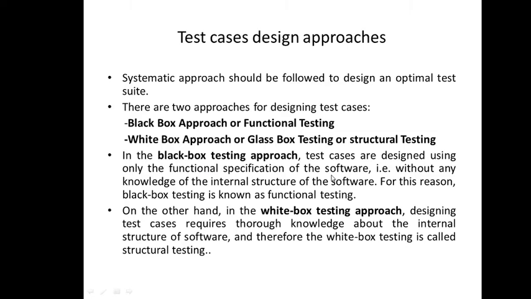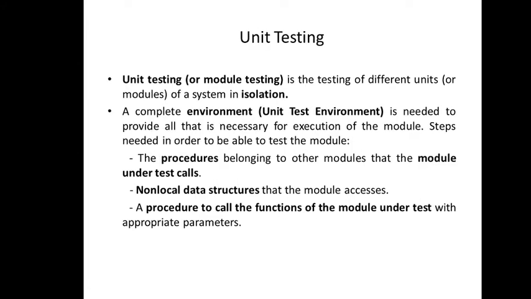That means test cases are designed according to the functional specification to check the functional requirement, right? Without any knowledge of the internal structure of the software. While in white box testing, the test cases we design require thorough knowledge about the internal structure of the software, that is the code.